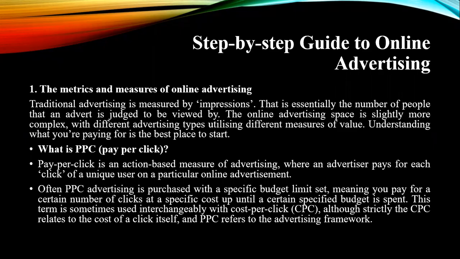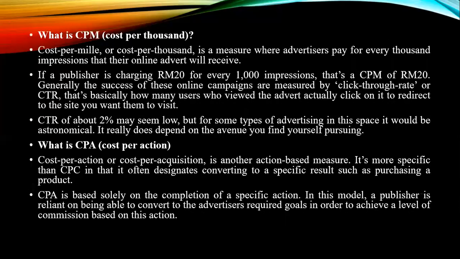The metrics and measures of online advertising we have already discussed. Under that comes pay per click. We already know what a click is based on the term, so I will not repeat it again. Second is cost per thousand, or cost per mille in the Roman term, which is 1,000. That is how many have visited the particular website and watched the advertisement.